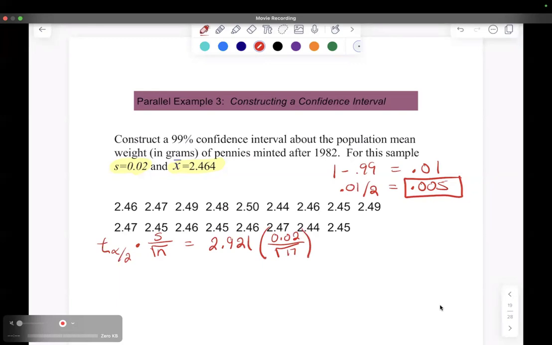The alpha is the area in the tails. This right here is alpha. It is the part of the curve that's not in your confidence interval. That's what alpha is.